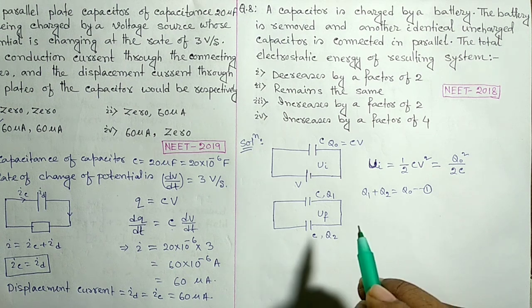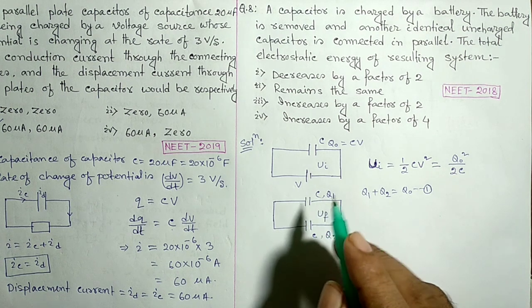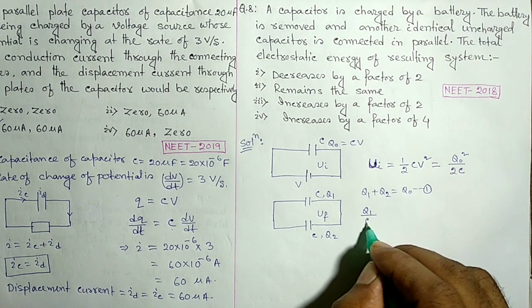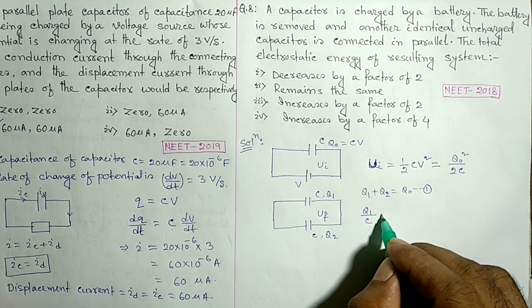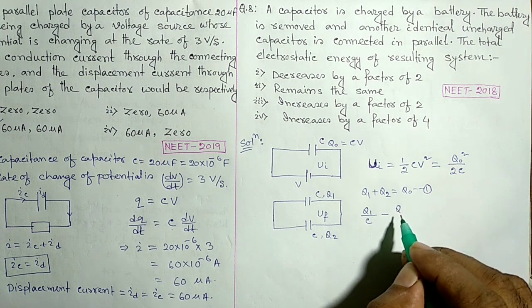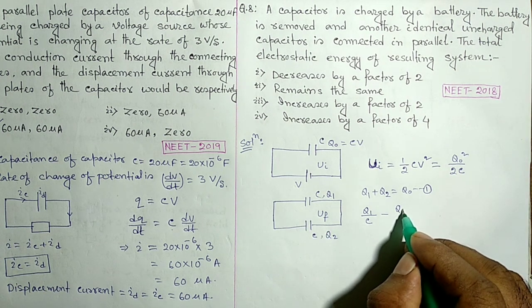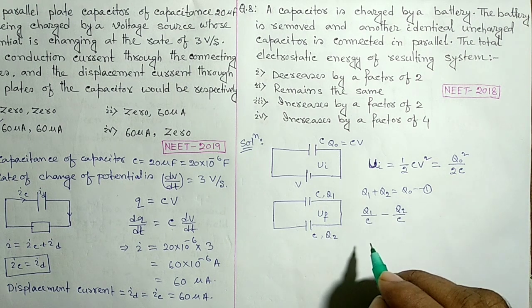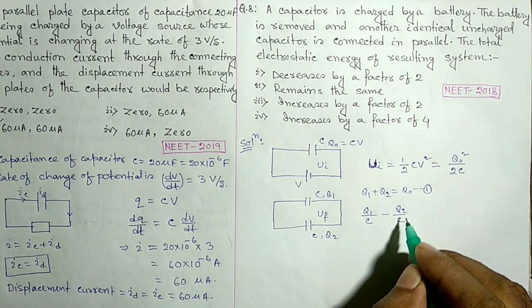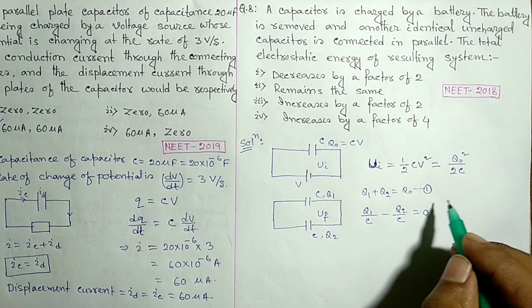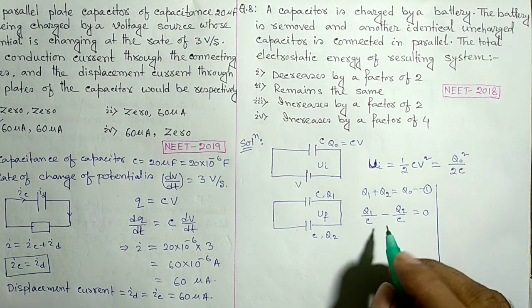The potential of the first capacitor is Q1 by C minus the potential of the second capacitor, Q2 by C. As they are the same, their difference is 0.